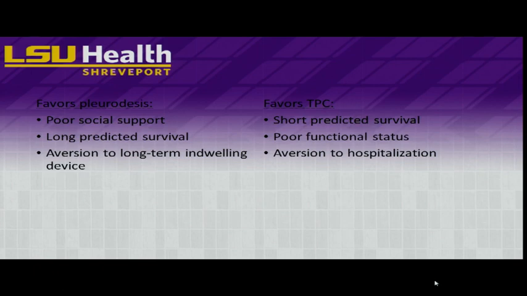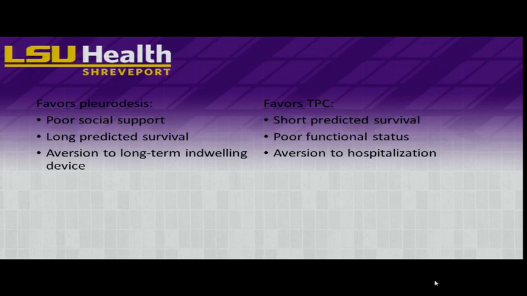People who don't like the idea of having to manage a catheter, who are predicted to survive for several months after the procedure, or people who have poor social support who really aren't going to be able to take care of the catheter, are going to have a higher risk of infection from the catheter, maybe aren't going to be able to get the supplies that they need. These are the people who may tend to gravitate more towards pleurodesis.